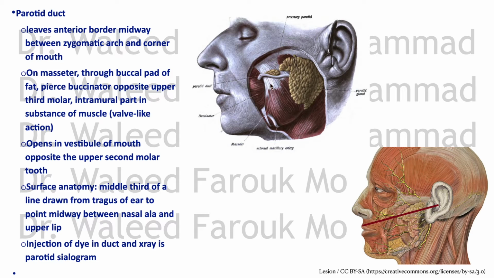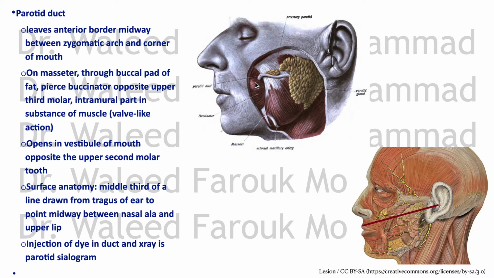Look, doctors, the duct pierces the buccinator level with the third molar and then runs forwards inside the muscle fibers, still inside the muscle. This is called the intramural part, valve-like action. Then it opens opposite the upper second molar tooth.